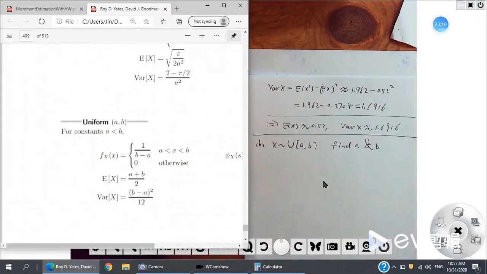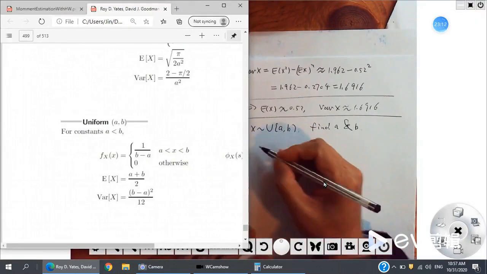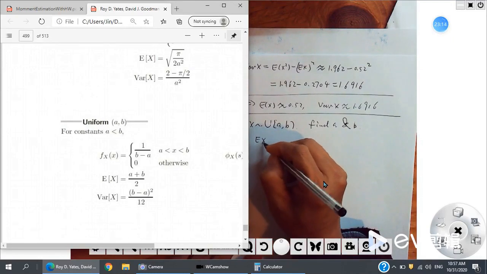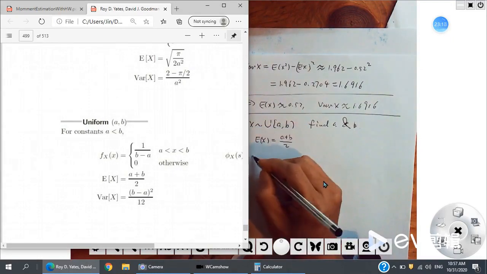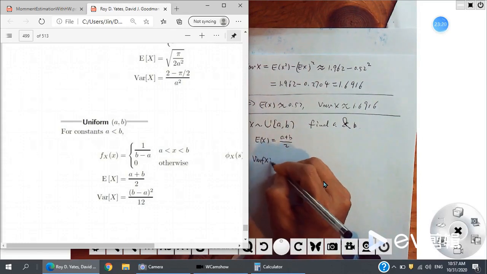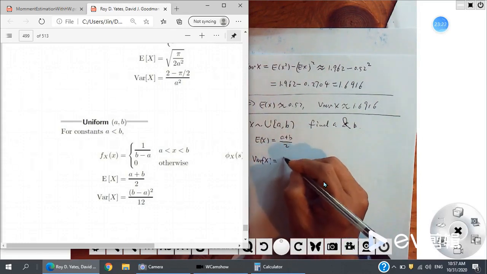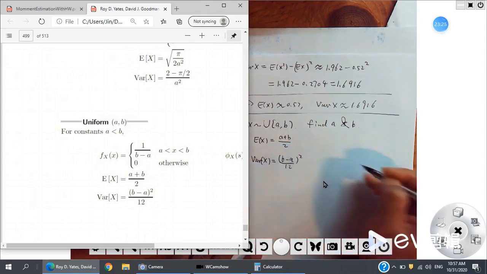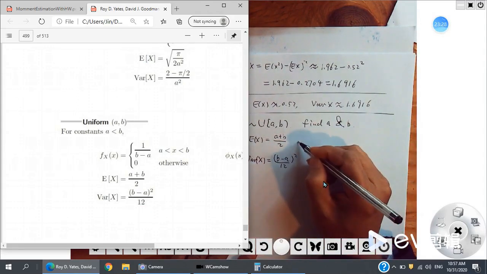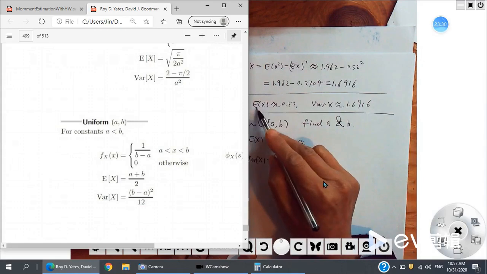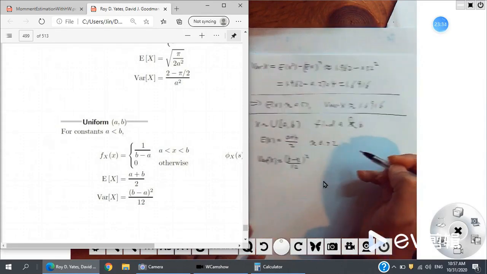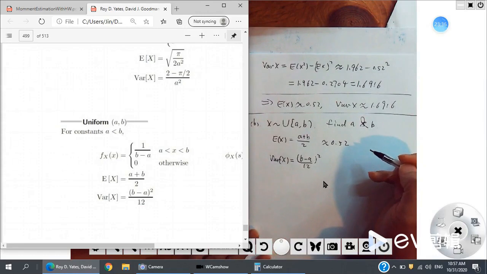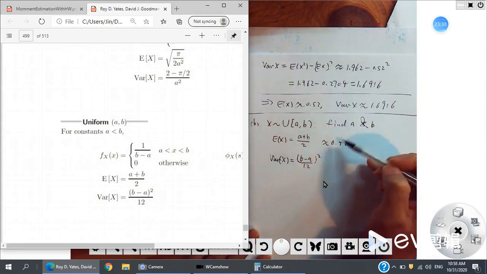Okay, so we have EX equal to A plus B over 2, and the variance of X equal to B minus A over 12 with square. So here, this one is close to what? EX is, we already have, 0.52, right? Yeah, we already finished A, so we can use this.